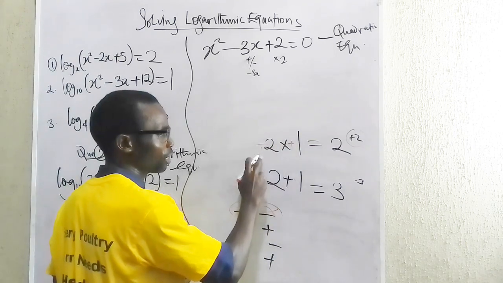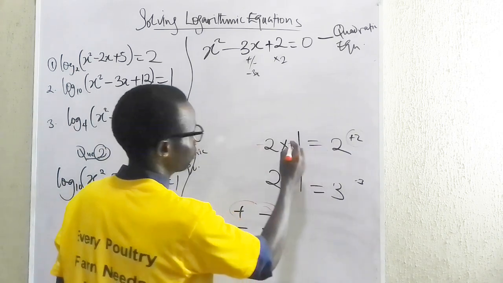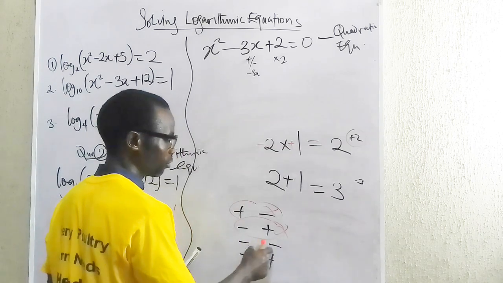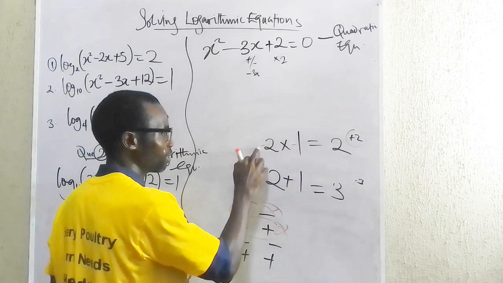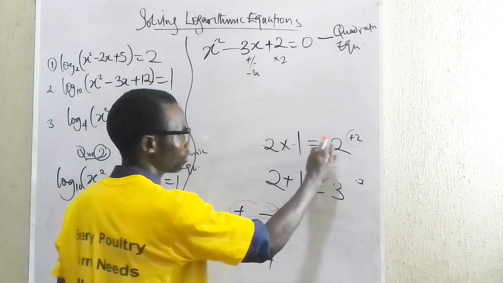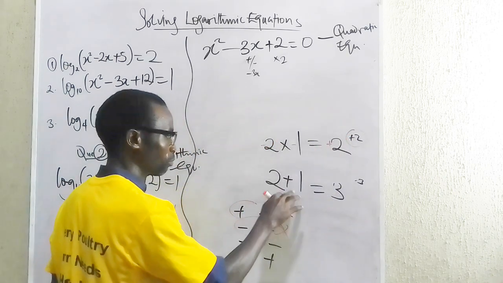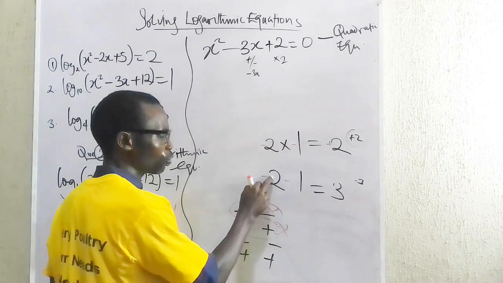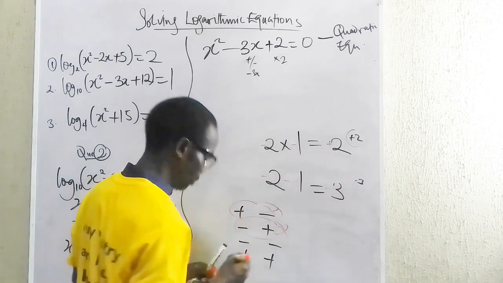Minus times plus will give me minus, but this is plus, so this one is wrong. So let's see, minus and minus. Minus times minus will give me plus, okay, plus 2, it's okay. Now let's see if it's going to help me here. Minus 2 and minus 1, is it going to give me minus 3? Let's see.